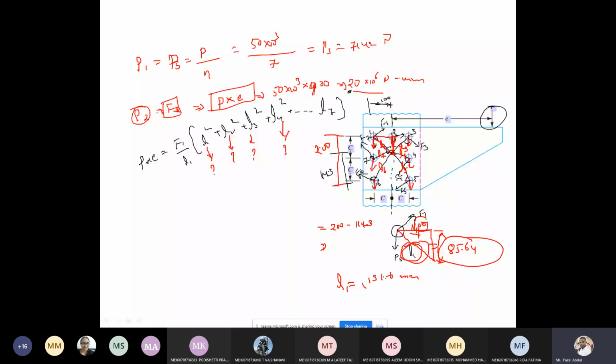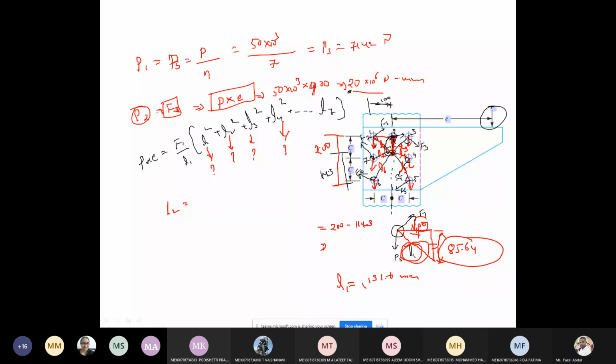131.6. Now, in the same manner, calculate L2. L2 is nothing but the distance from this rivet to this rivet.